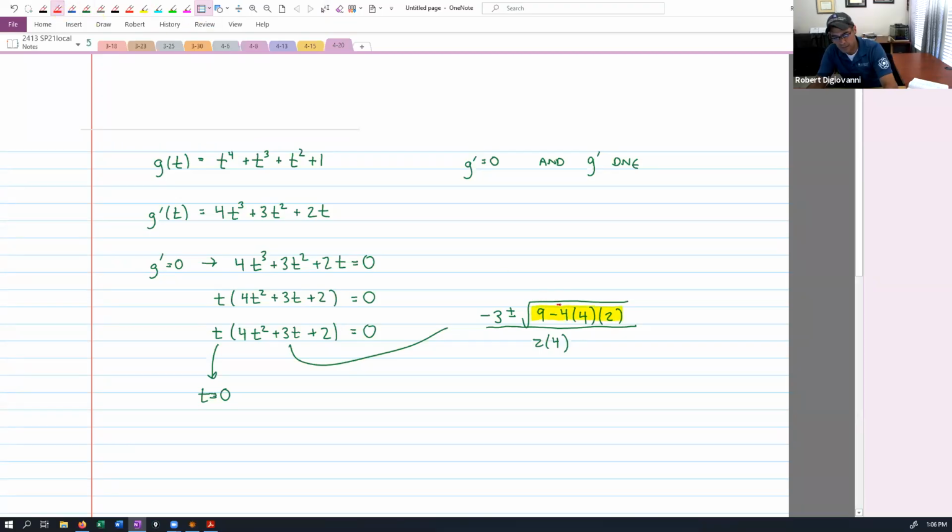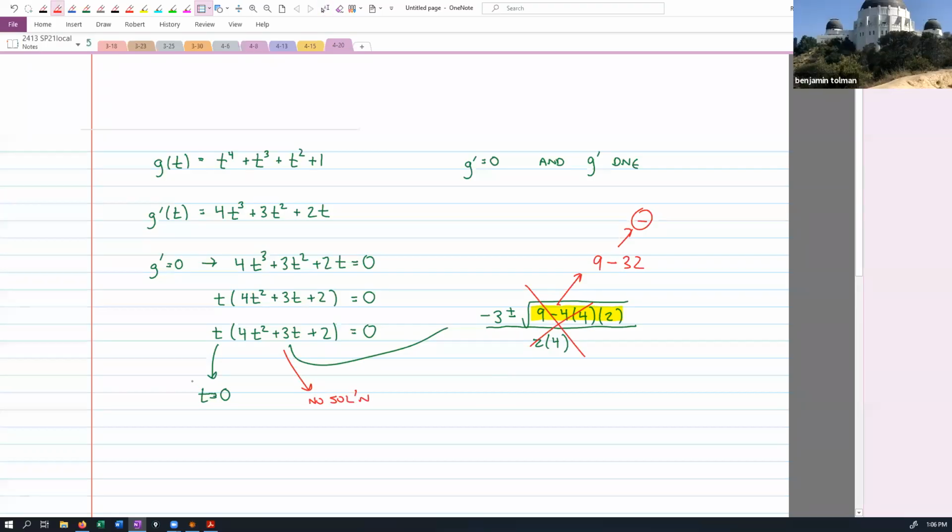You're going to get 9 minus 16 times 2, which is 32. That's going to give you a negative number underneath the radical, which means that there are no solutions to this, because you can't take a square root of a negative number.